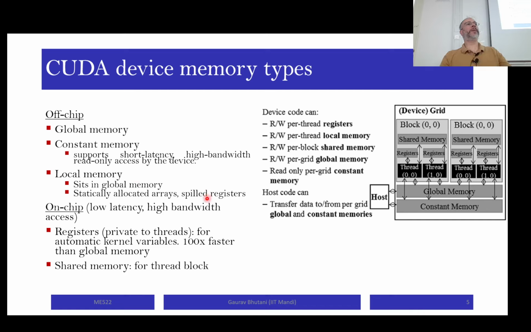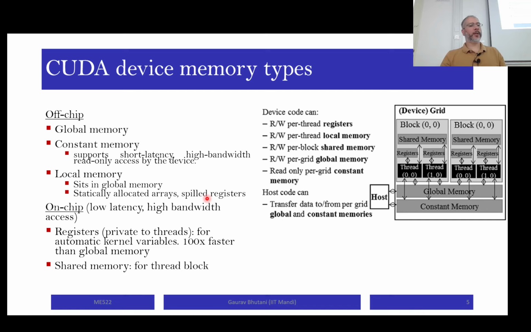The other situation is spilled registers. If the registers are full, then what do you do? If you want private memory for threads, but there is no space available on registers, all you have to do is move to the global memory, but in that case we call this local memory because it is a part of global memory which is only available privately to threads.